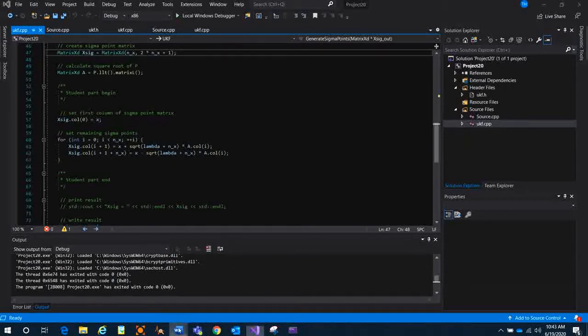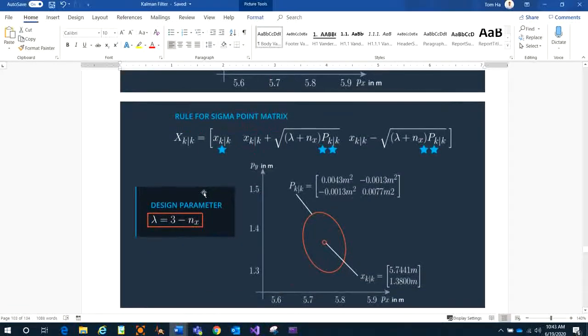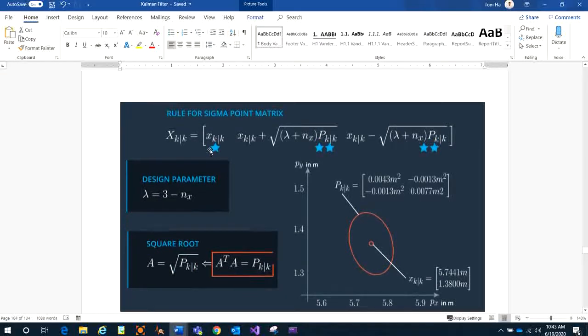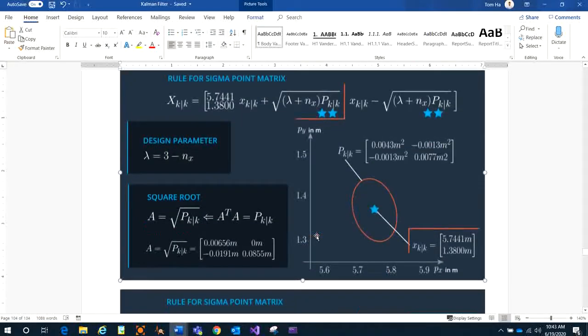I will go back and show you. The first column is the mean state, you put the value of the mean state into the first column. It means the first sigma point.